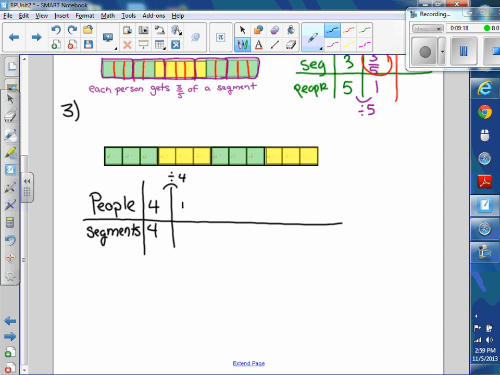So that just means every one person would get 1 segment. So it's not a problem that it's not interesting. We want to make sure that you would see this is 1 segment. So like maybe this is Jen and Caden and Peter and Zoe, right? So if there's 4 people, it's really easy to see that, okay?